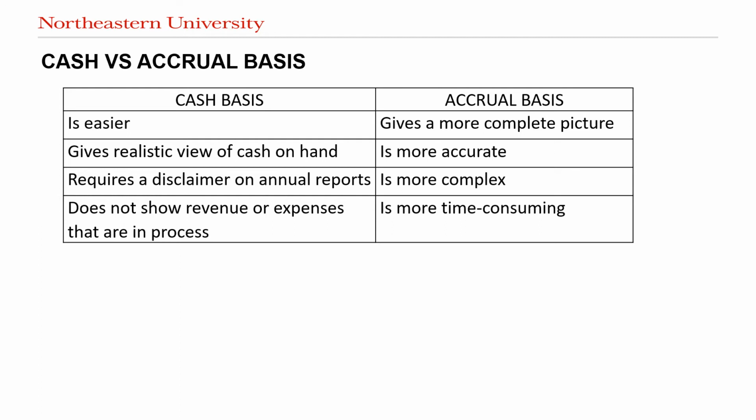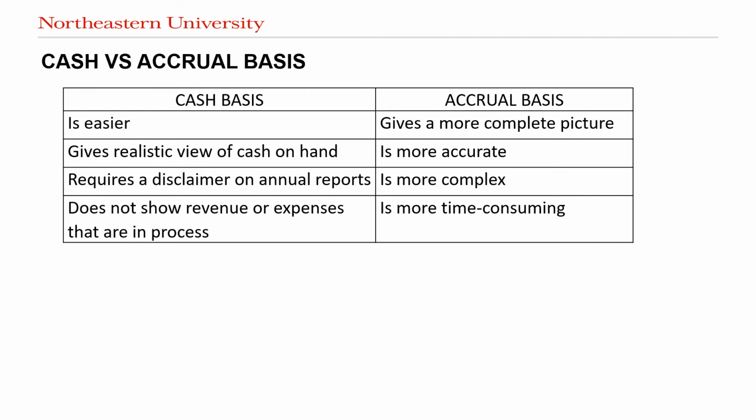However, it does require a disclaimer on annual reports, and it doesn't show revenue or expenses that are in process, i.e., grants that you've been promised, pledges you've been made, grants that will pay after the work is done. It doesn't show any of that, so it gives you a very limited view.